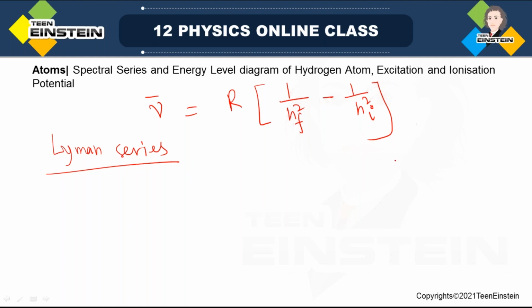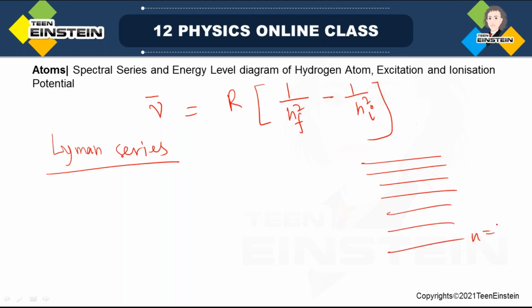Like we have n is equal to 1, 2, 3, 4, various levels. I take this as n is equal to 1, this is n is equal to 2, 3, 4, 5, 6, 7, 8. These are principal quantum numbers.